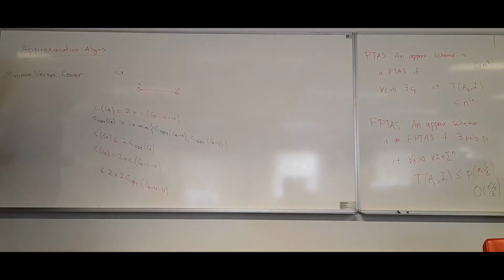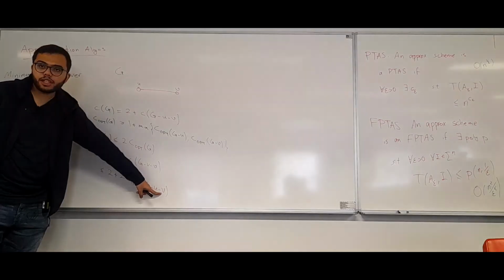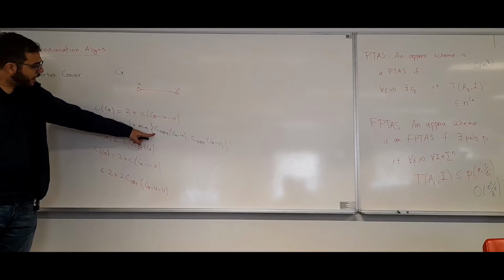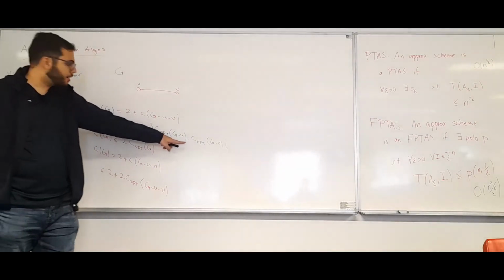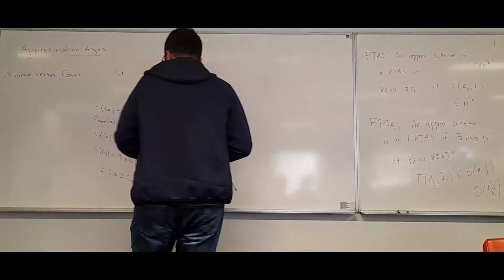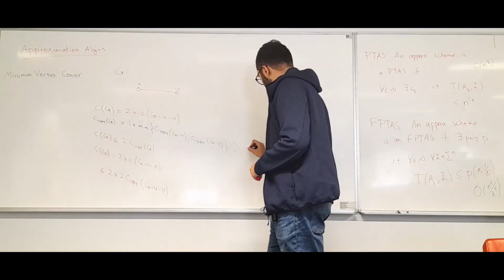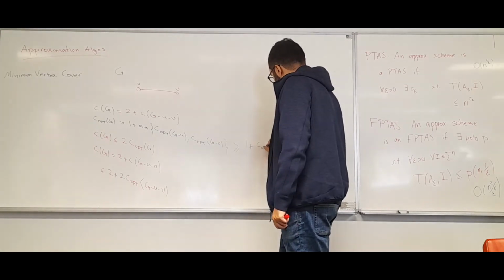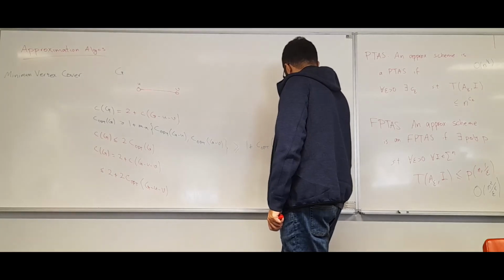Now, here's the thing. This is the graph G where I've removed both vertices U and V. But here, I have the graph G where I've only removed vertex U, and here, I have the graph G where I've only removed vertex V. So I can say that this is greater than or equal to 1 plus the optimal cost in the smaller graph when I remove both vertices.